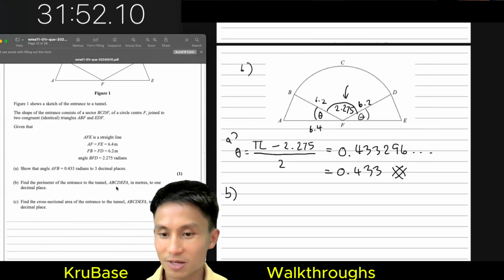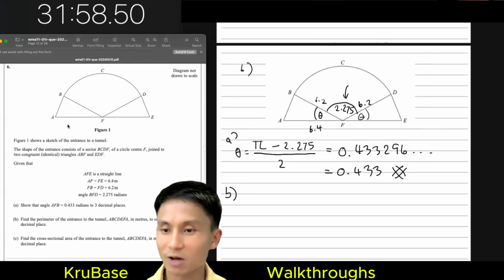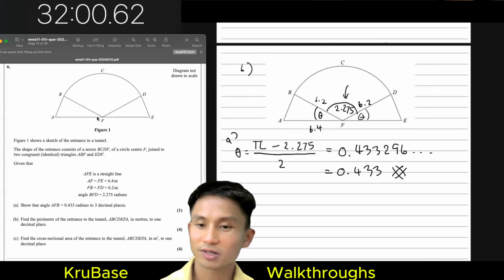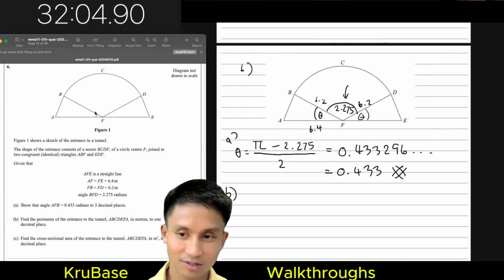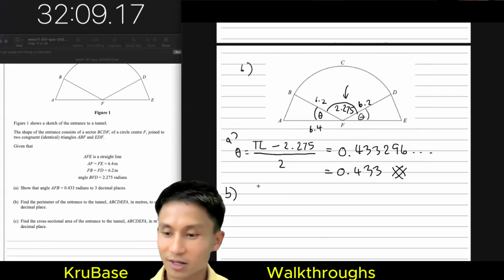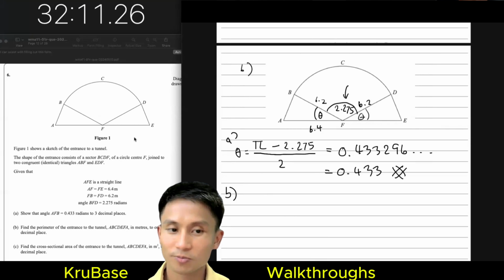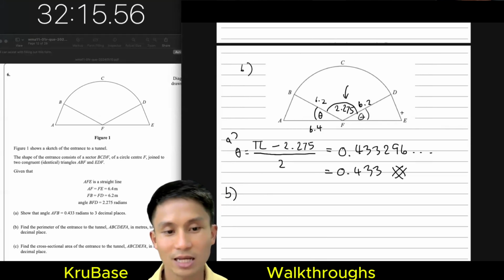It says A, B, C, D, E, F, A, so basically the outer perimeter. I was wondering about the other lines inside the shape, but it's just the outside. So we need to find AB, and that would be equal to DE.